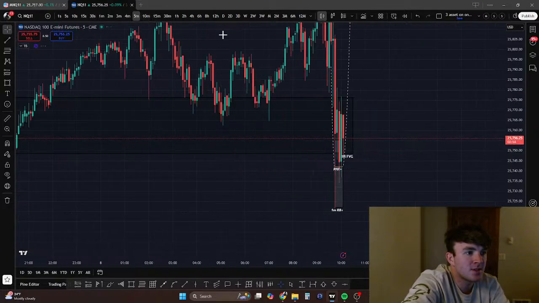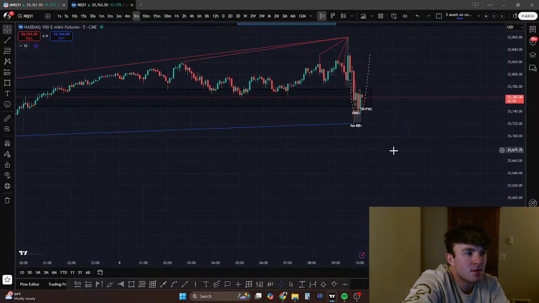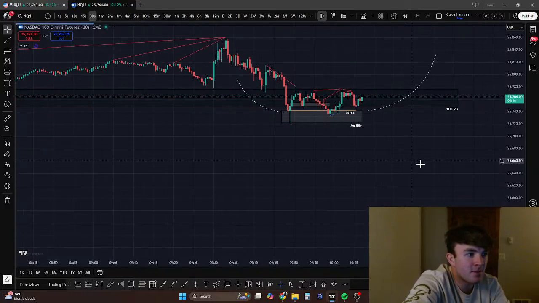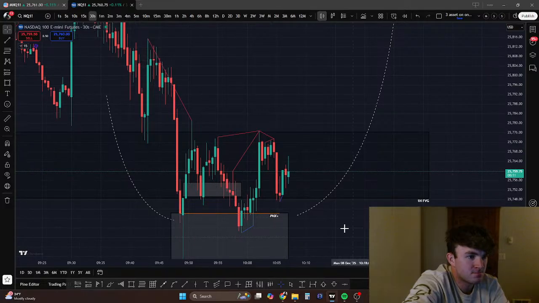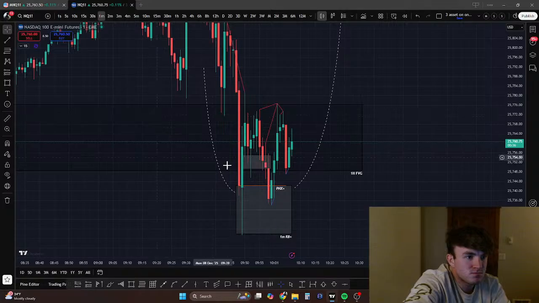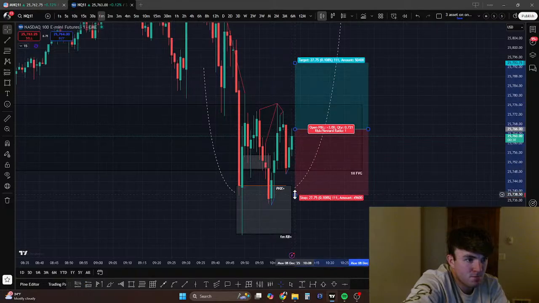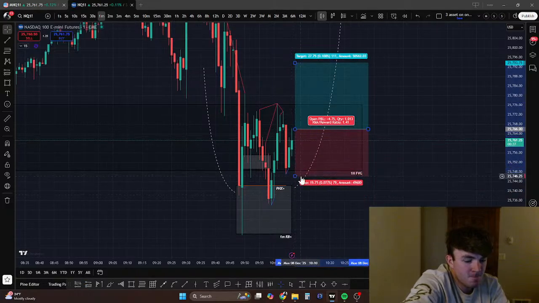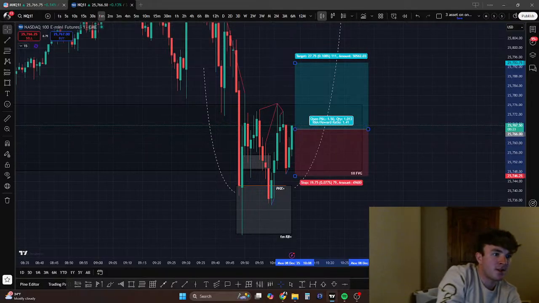I think we need to see an external gap break. Oh wait, no. Actually, I do not mind this inversion to the upside. Okay, 1 minute inversion right here.